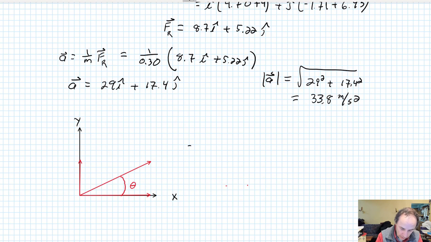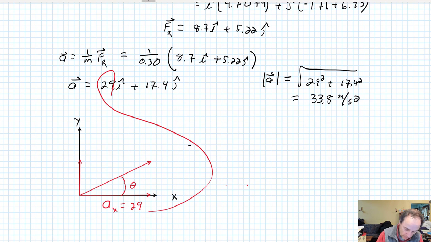And so a_x is 29 from up here, a_y is 17.4. So the tangent of the angle is 17.4 over 29.